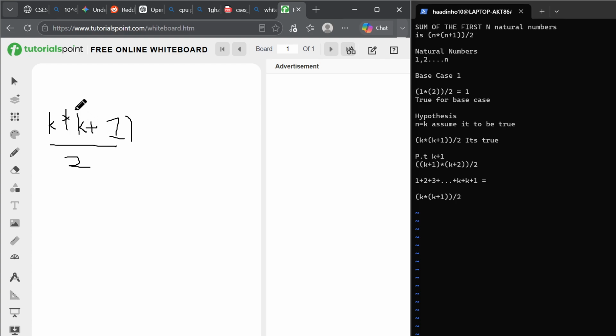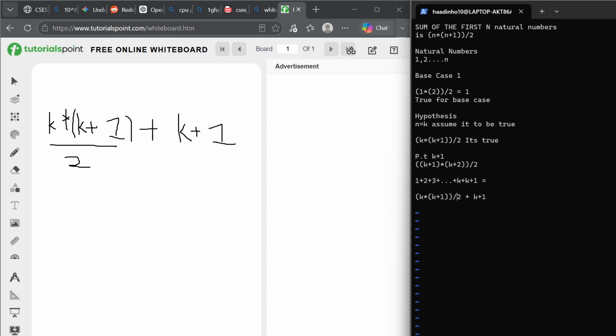And then the last term, up to k it's this, and it's going to be plus k plus 1.